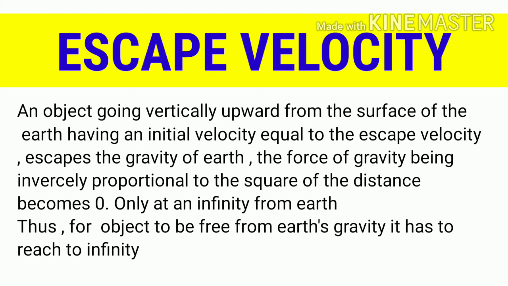This means that for the object to be free from the gravity of the earth, it has to reach infinite distance from the earth. That is, the object will come to rest at infinite distance and will stay there.